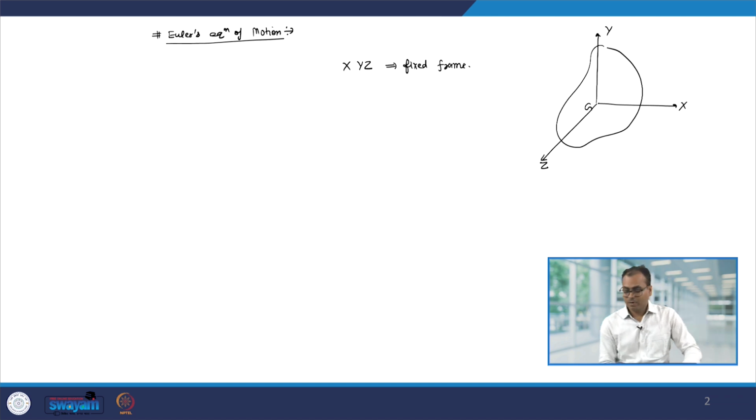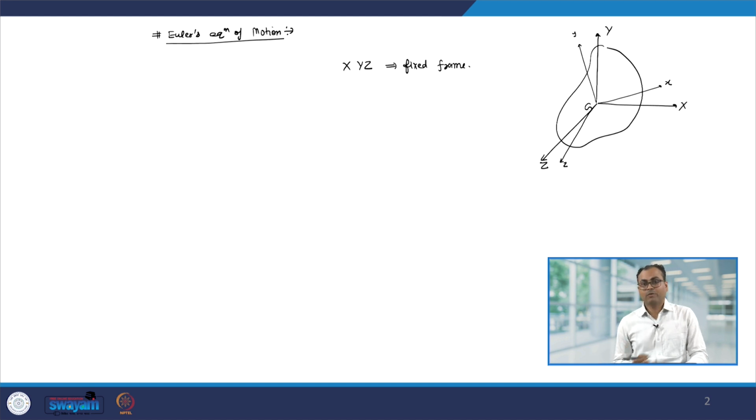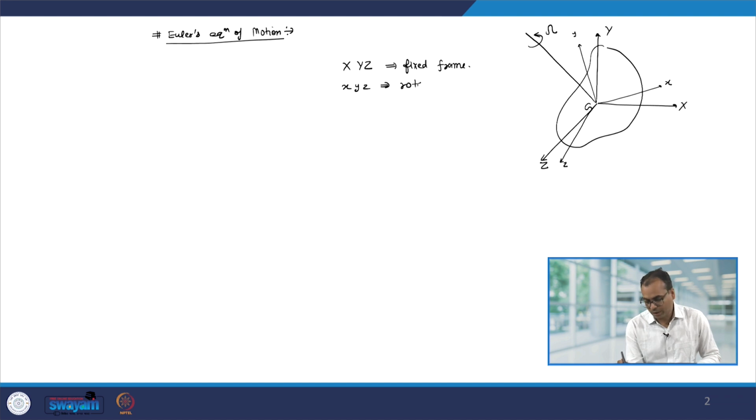And we have a small x, y, z axis. These frames are the rotating frame with, let us say, an angular velocity capital omega. So, it is rotating about some axis and let us say the angular velocity is omega.